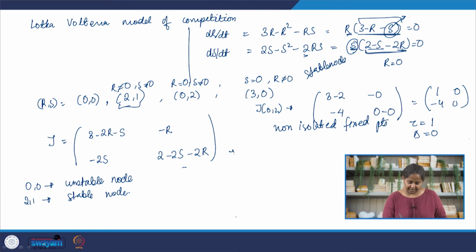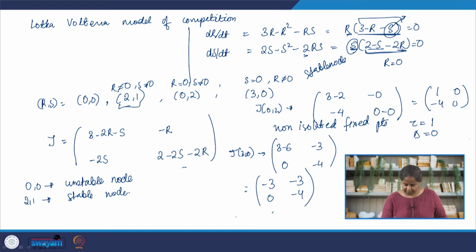Now what happens at J30? Here the rabbits are 3 and sheep are 0. Trace is -7.